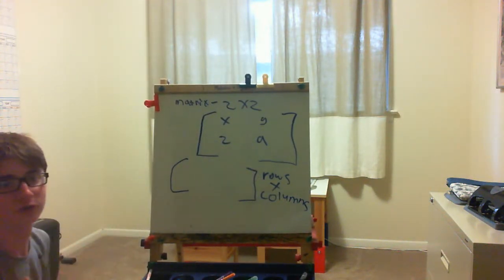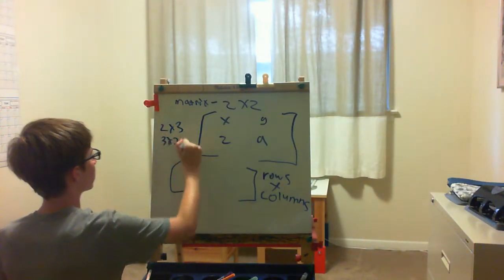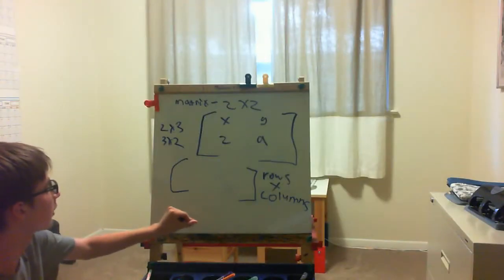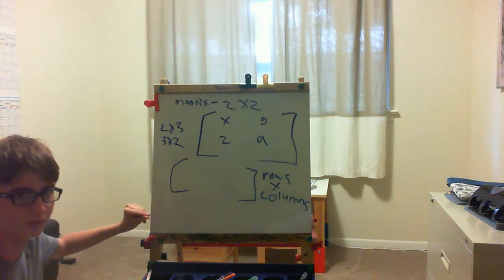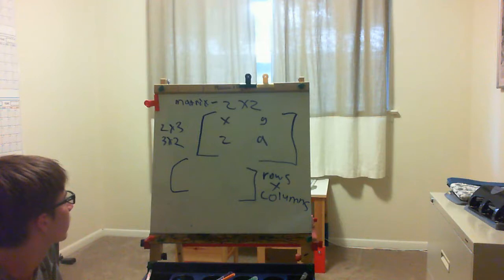So there is actually a difference between, say, a 2 by 3 matrix and a 3 by 2. A 2 by 3 would be, because it's rows by columns, 2 rows and 3 columns. A 3 by 2 would be 3 rows and 2 columns. Therefore, they are different in how they look.